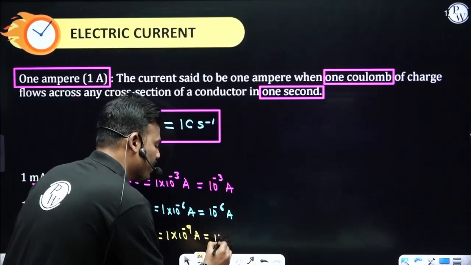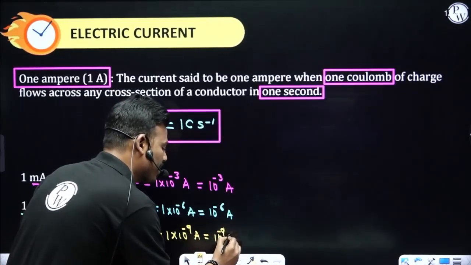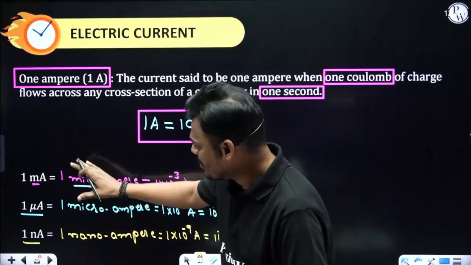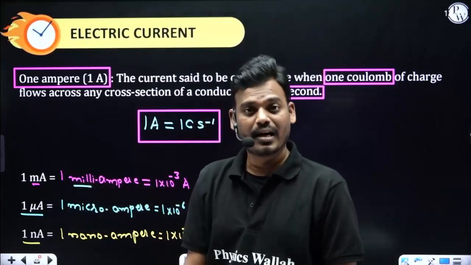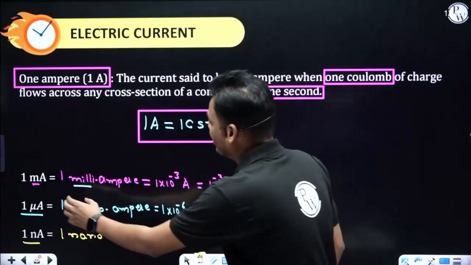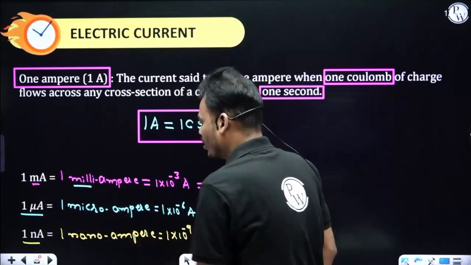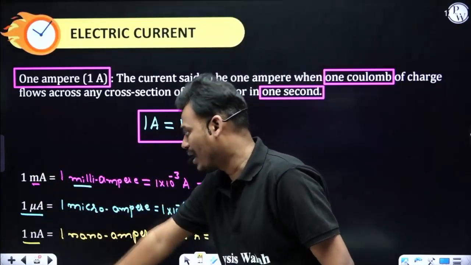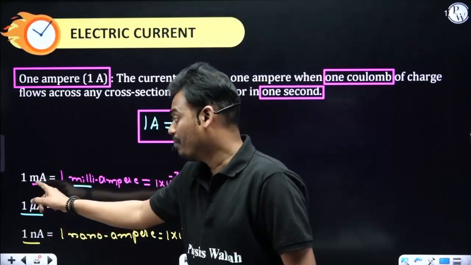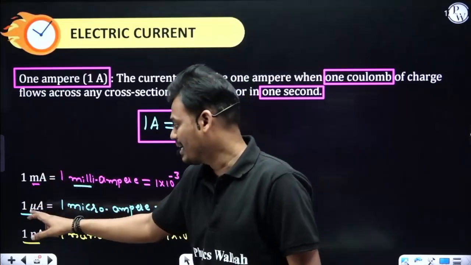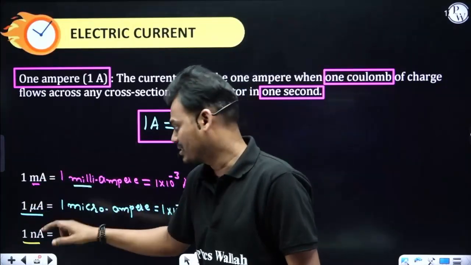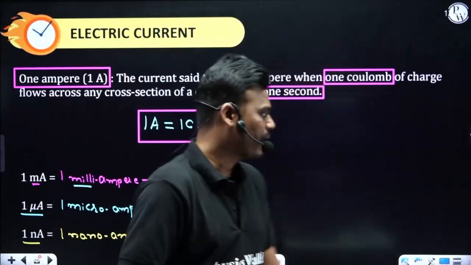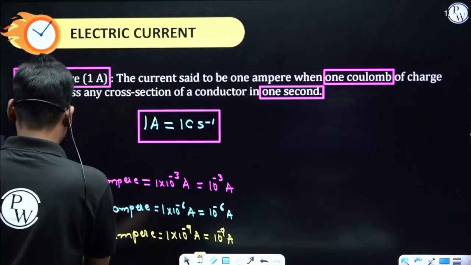Got it? These are the smallest measurements of current, so current is measured on a very small scale. This is 1 milliampere, this is 1 microampere, and this is 1 nanoampere. Milli means 10 power minus 3, micro means 10 power minus 6, and nano means 10 power minus 9. Now let's move on to the next concept.